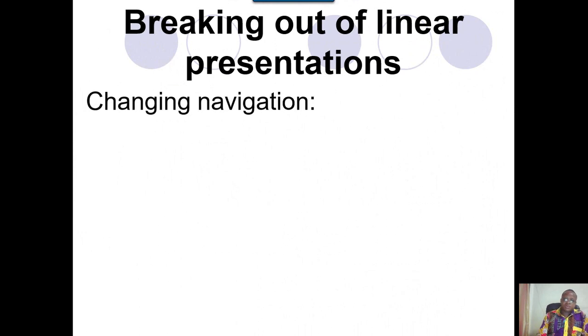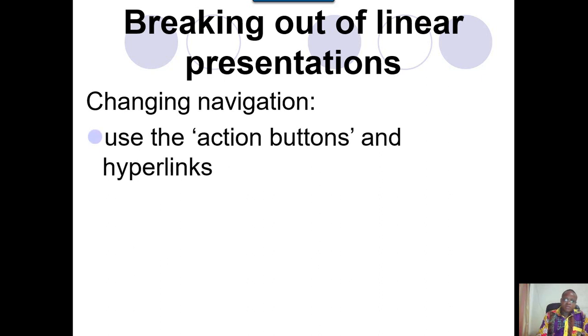Now during presentation, you can use changing navigation approaches to break out of linear presentations. One of them is you can use action buttons, which are supposed to be used during the formatting. It is a shape, and you can also use hyperlinks.